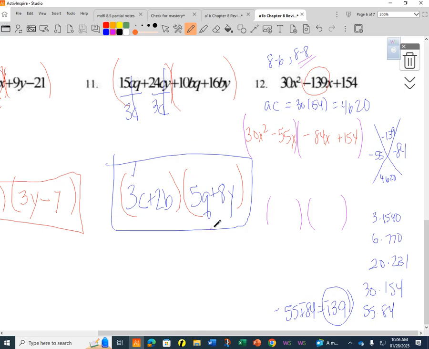Okay. What's the GCF of the first group? 5x, yep. And what about the second group? I have no idea. So we need the greatest common factor of 84 and 154. 14. 84 divided by 14 is 6.